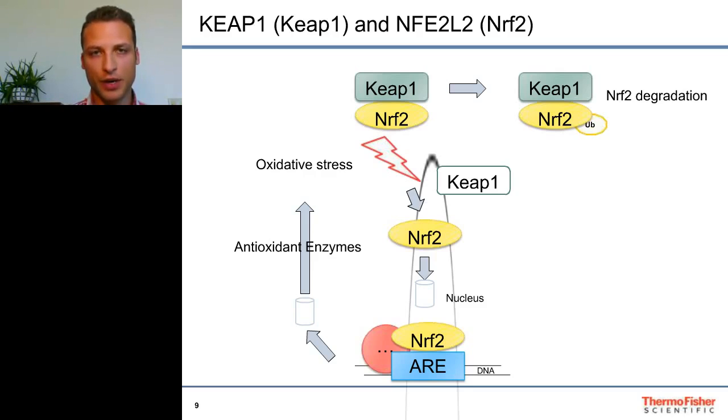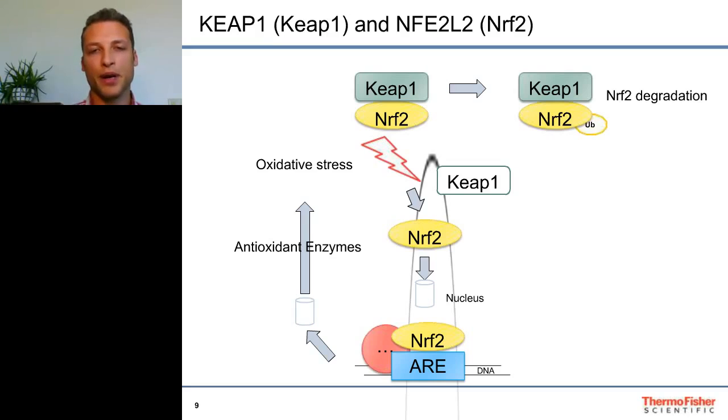So just a brief primer on the biology of NFE2L2 and the protein NRF2 that it encodes. So NRF2, under normal conditions, is actually usually degraded. It's targeted for degradation by KEAP1, with which it forms a protein-protein interaction. Under conditions of oxidative stress, though, this interaction is broken due to stabilization of KEAP1.